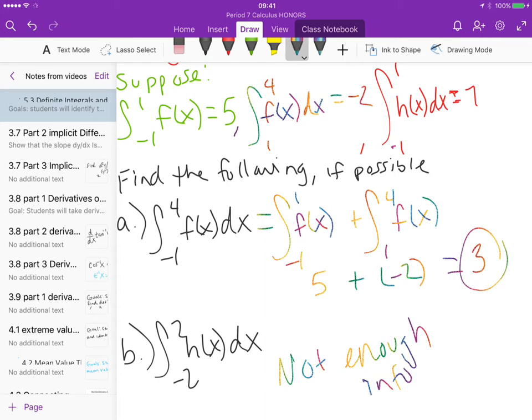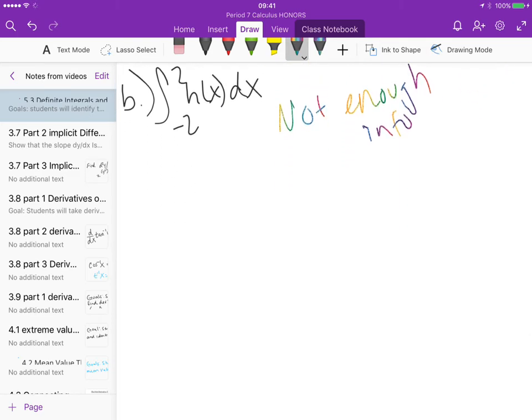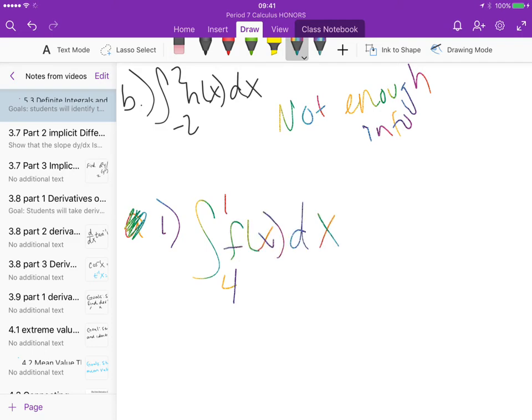Obviously, there are more rules of integration like that. I would like you to try a couple more on your own using the exact same supposition that we just did here. The first one that you're looking for is, please find the value from 4 to 1 of f of x dx if there's enough information.